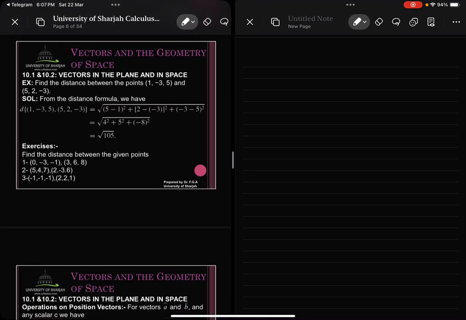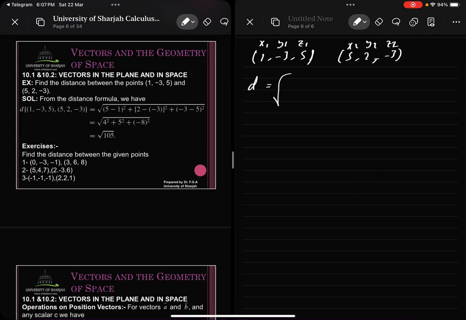For example, if we have (1, negative 3, 5) and the second point (5, 2, negative 3), if you want to find the distance, we can call them x1 y1 z1 and x2 y2 z2.